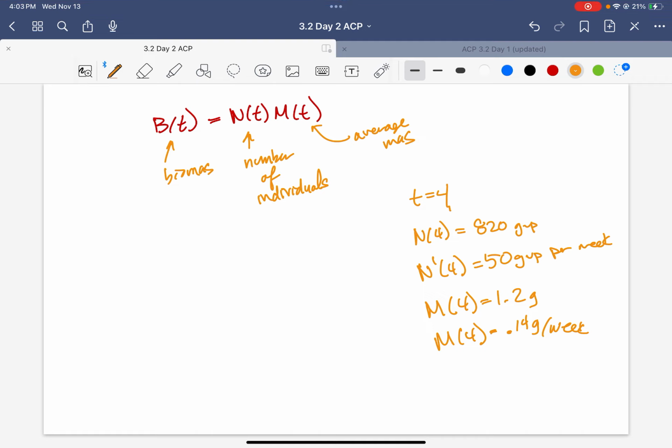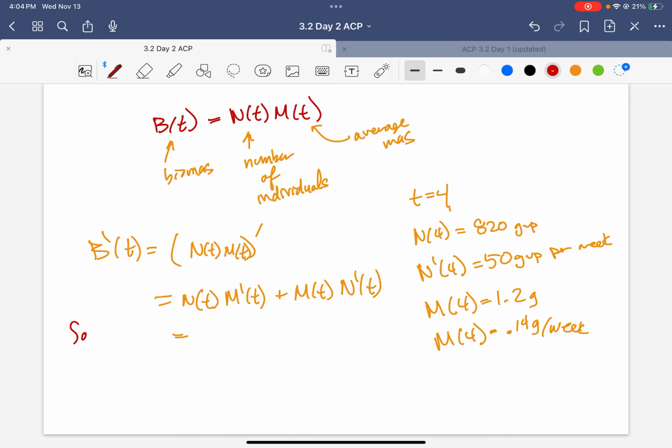Now it says, at what rate is the biomass increasing at time equal to 4? In general, the derivative of the biomass, the product of N of t and M of t, is first times derivative of second plus second times derivative of first. So if you want to know what happens at 4 weeks, that's going to be N at 4 times M prime at 4 plus M at 4 times N prime at 4.